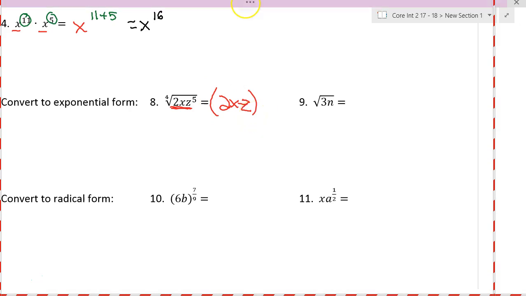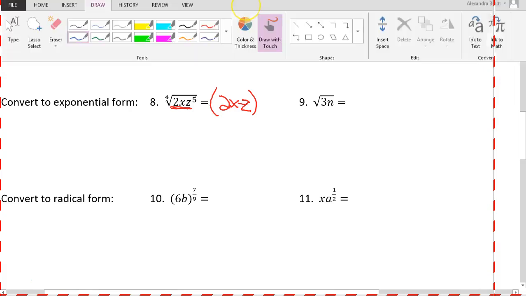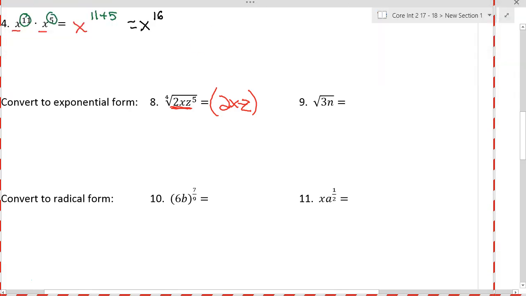Okay. Then I need to put whatever my exponent is. This 5 is the exponent that's just on the Z. It's not outside the radical. It's still under the radical. It's only on that Z. And I need to group these together because they're all under the radical together. Outside, I just don't have an exponent.